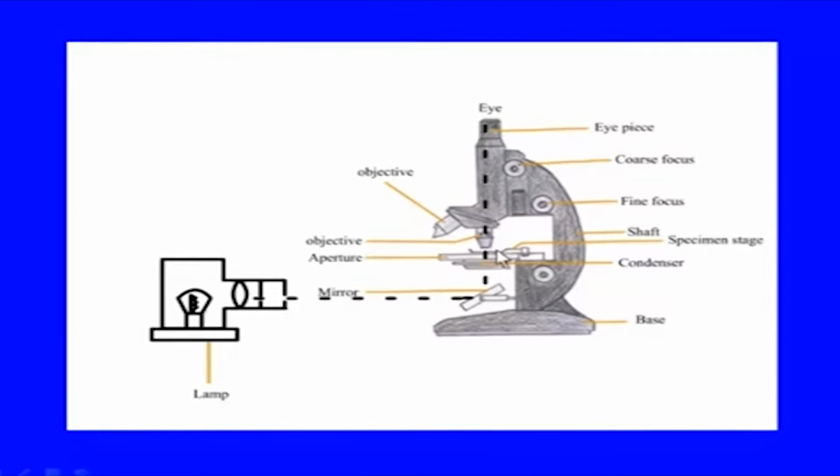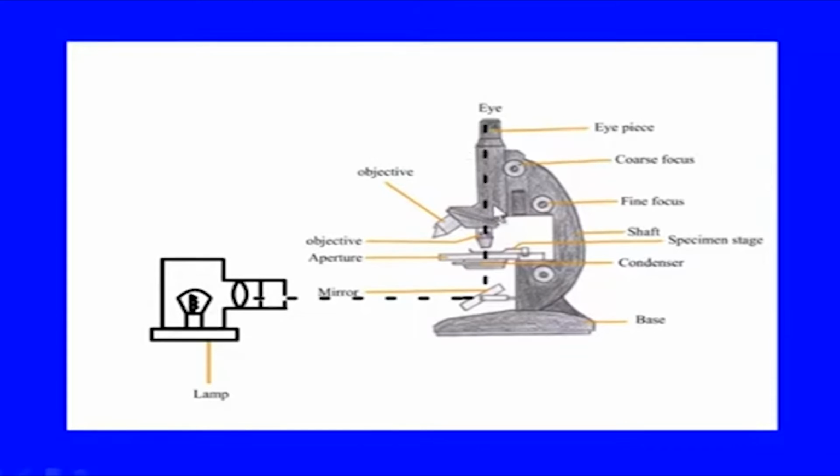The one which is not altered, that is not diffracted, will form the background, and the one which is diffracted will be focused by the objective to form the final image at the intermediate image plane.